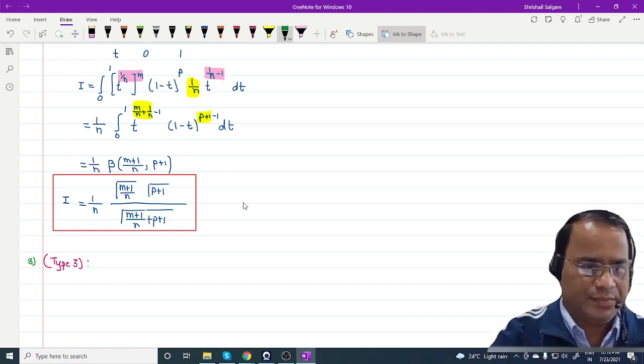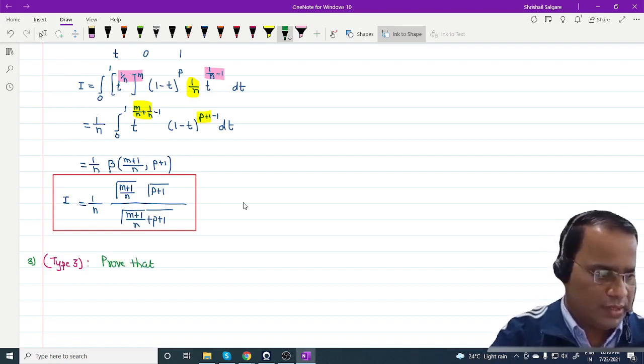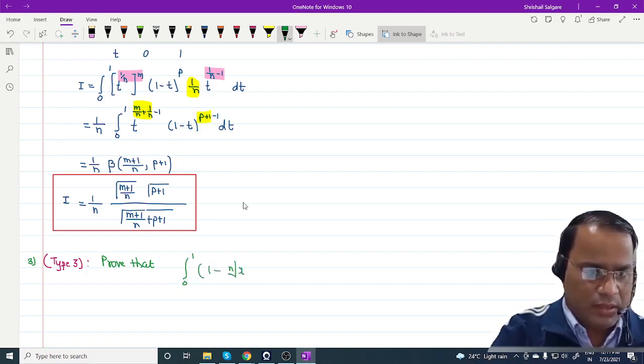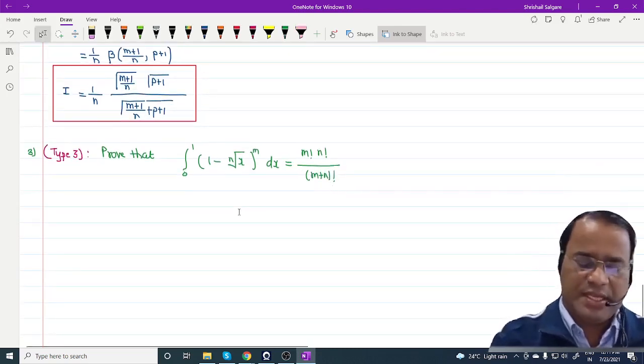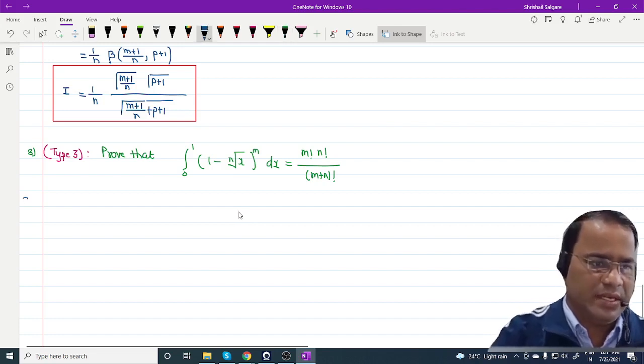Prove that the integral 0 to 1 of 1 minus nth root of x, raised to m, dx can be written as m factorial n factorial divided by m plus n factorial. Now can anyone guess what the substitution is? Meanwhile I will write the integral.